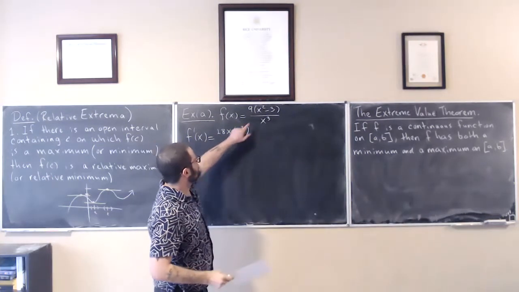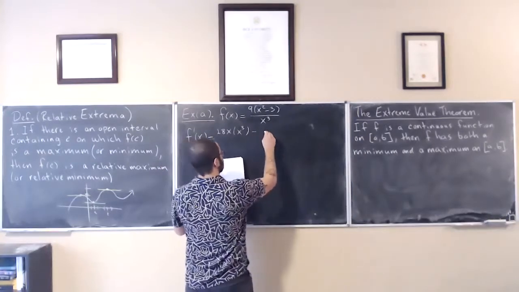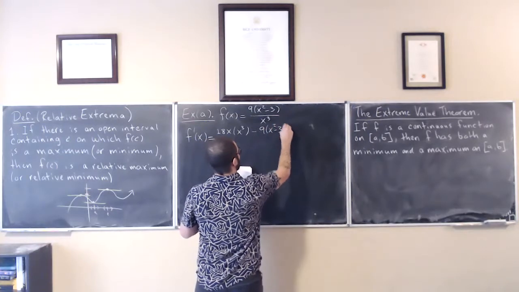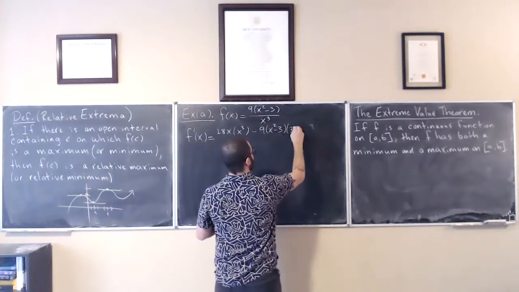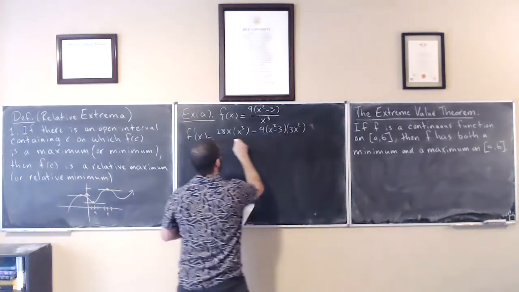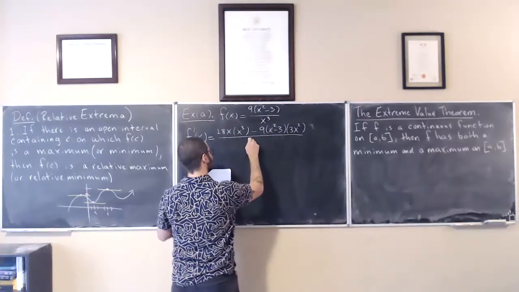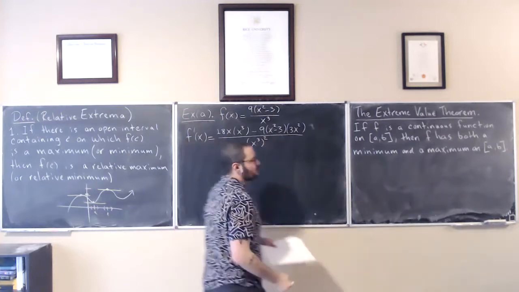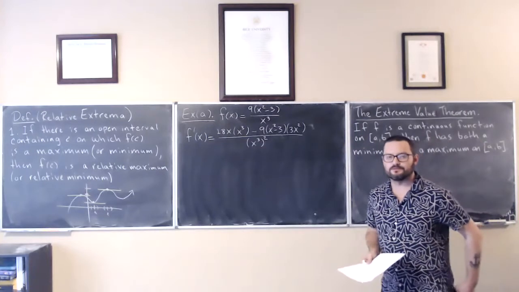So 18x is the derivative of the numerator minus the numerator times the derivative of the denominator, all over the denominator squared. So that's just plugging into that quotient formula for the derivative.